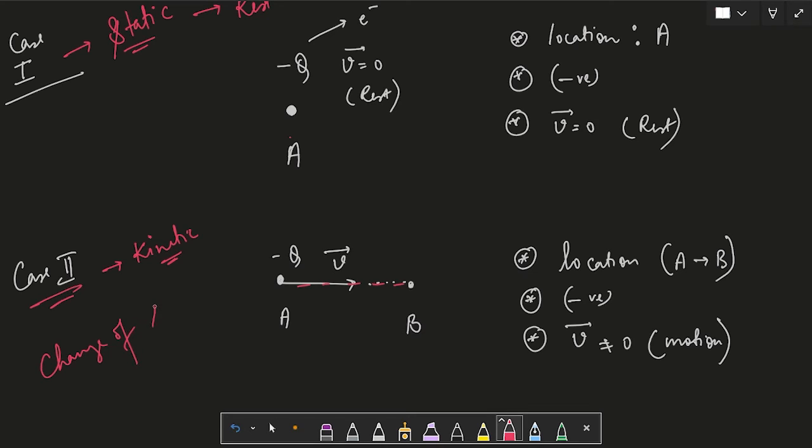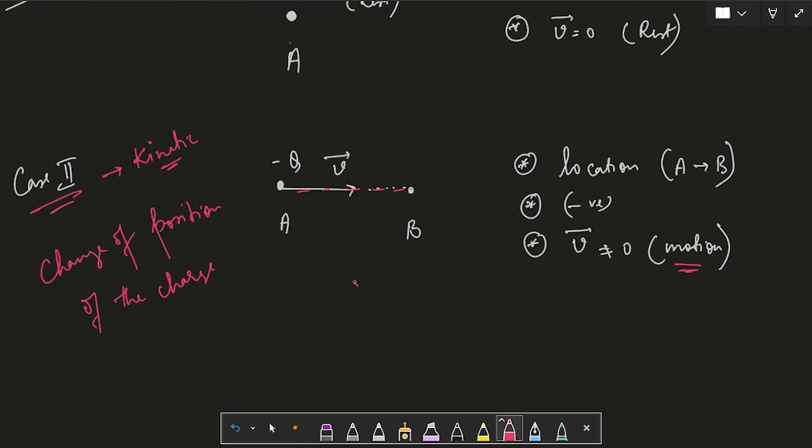Whenever there is a change of position, whenever a charge is moving, the phenomenon of the moving charge is basically known as the electric current.